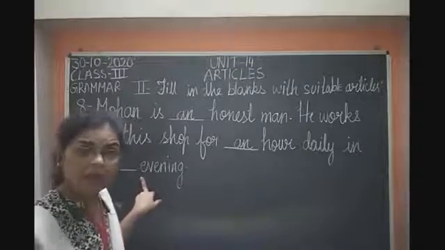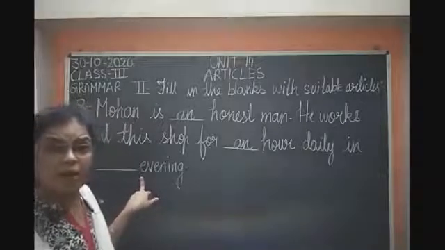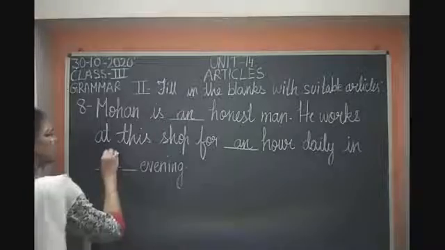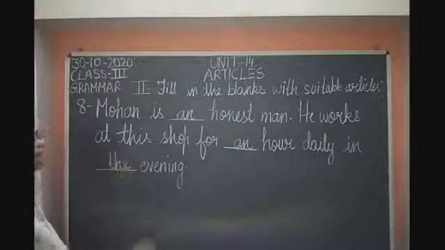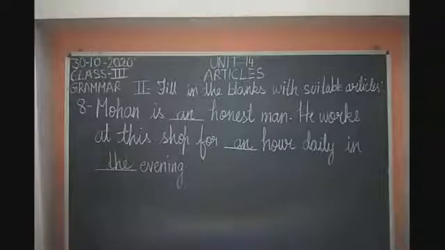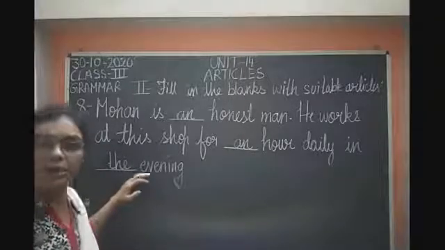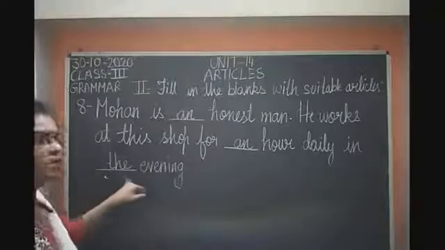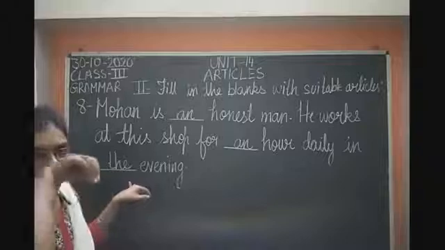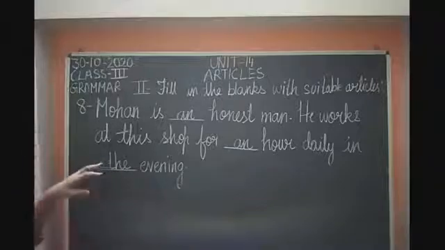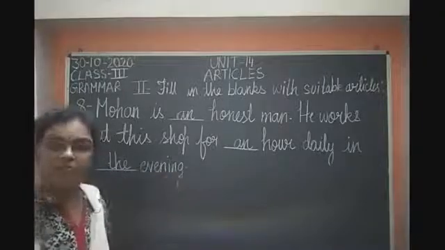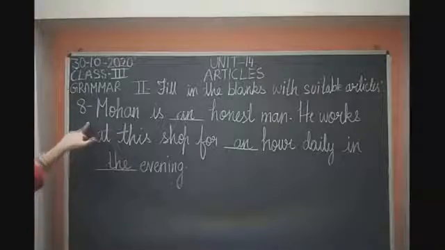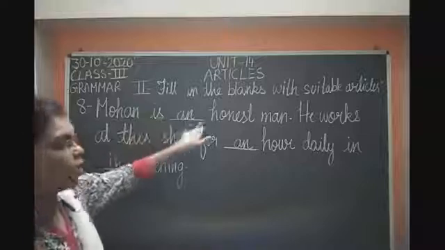Again we are specifying the time: morning, evening, afternoon. So before them what do we always use? The definite article the, because we are talking about a particular time of day: in the morning, in the evening, in the afternoon. So we will always use the definite article before evening, morning, afternoon, because here we are specifying a particular time. So the 8th fill in the blank is Mohan is an honest man.